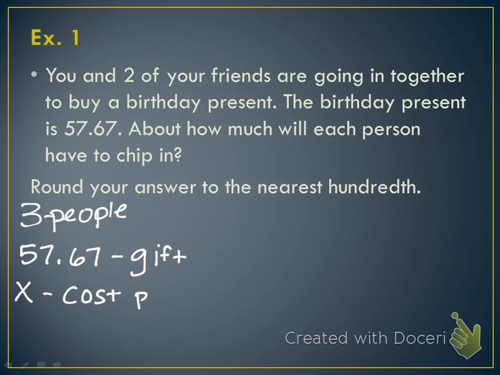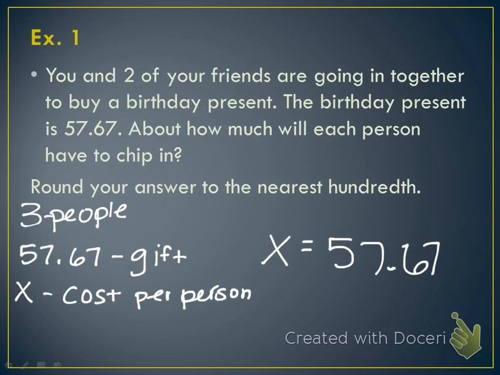Cost per person. So how could I write a math problem to show me how I could find x? Bailey? So we're going to write x is equal to, how am I going to write it? Am I going to write 3 divided by 57.67, or am I going to write 57.67 divided by 3? The second one. So 57.67 divided by 3.